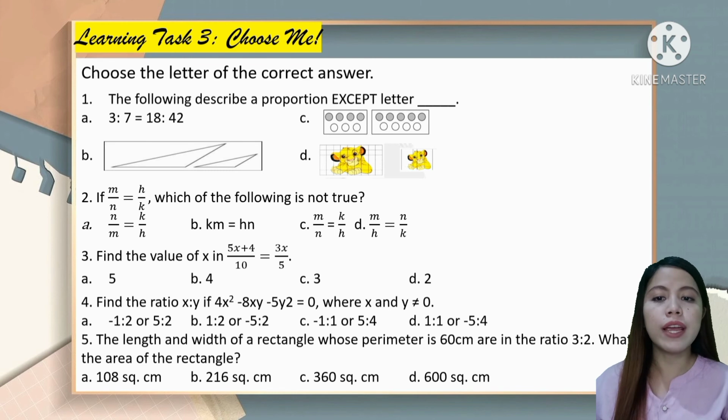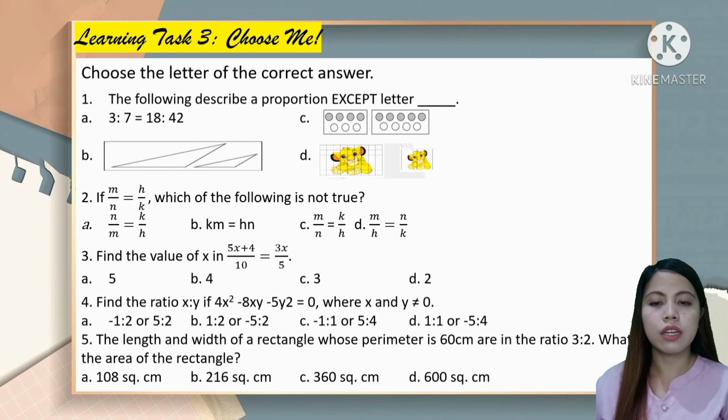If M over N is equal to H over K, which of the following is not true? Letter A, N over M is equal to K over H. Letter B, KM is equal to HN. Letter C, M over N is equal to K over H. Or letter D, M over H is equal to N over K.